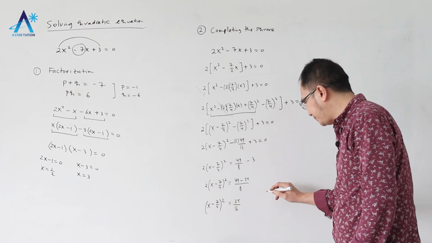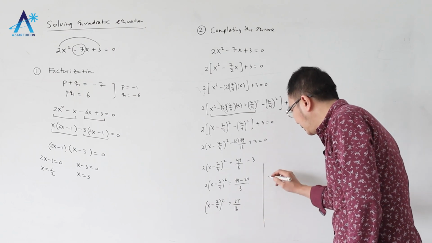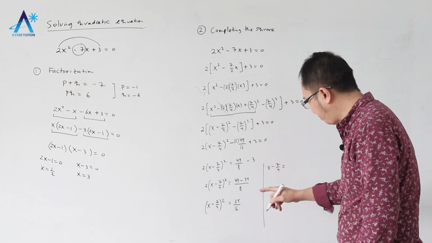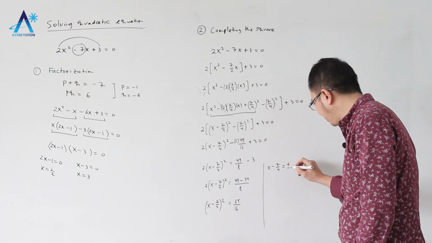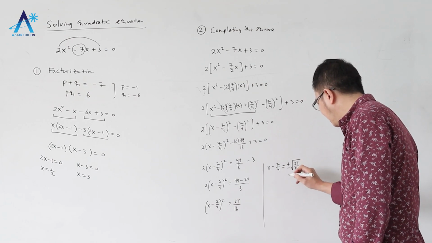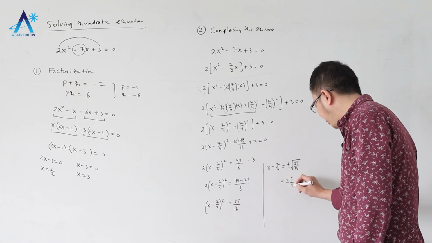And then we'll have x negative 7 over 4 equal to positive or negative square root of 25 over 16, which is equal to 5 over 4.